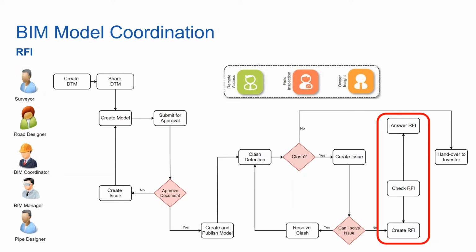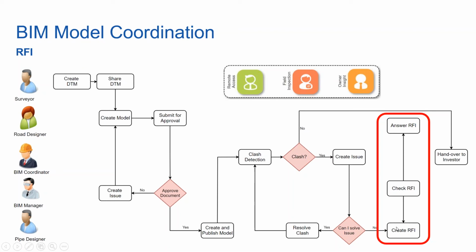However, if you create an issue, you can address it, but you have to know who to address. While with a request for information, just imagine the situation. The pipe designer is outside of my company, and he found some issue which he cannot solve, and he's asking for information, but he doesn't necessarily know me as the road designer or all the people within the company.